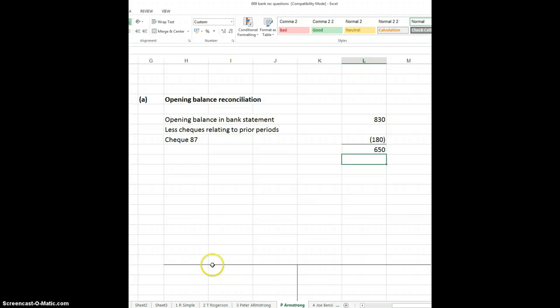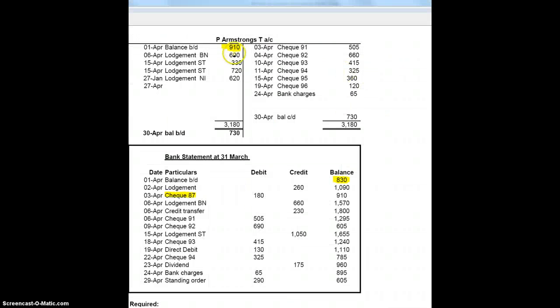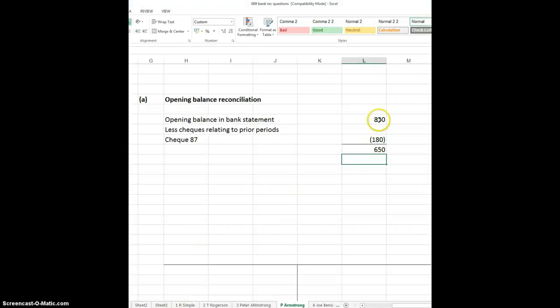So then when we look at our opening reconciliation, we're trying to tie in the opening balance of 830 to the opening balance of 910 up here. So 830 versus 910, these here. So at the moment, what we've done with our reconciliation, we've gone from 830 down to 650, and we want to get as far as 910.